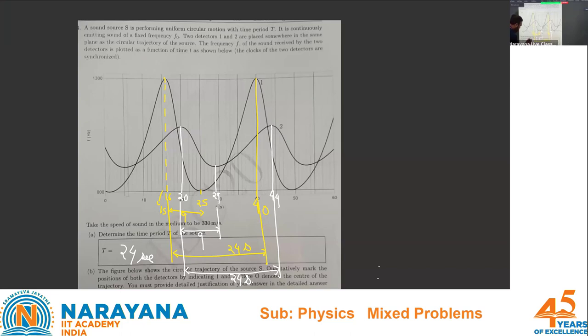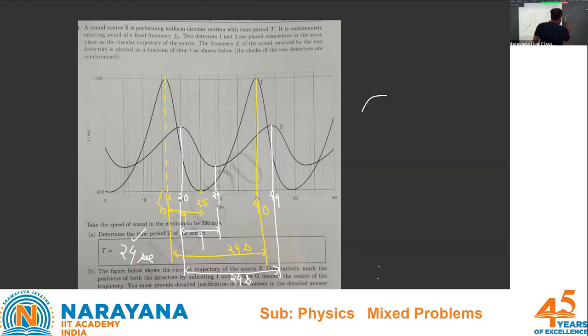24 seconds. If I am moving on a circular path, right? The instance when my friend receives maximum frequency for any detector, whether he is inside or outside, for outside it is very simple. Your tangent is directed towards him, and then again there will be a tangent.